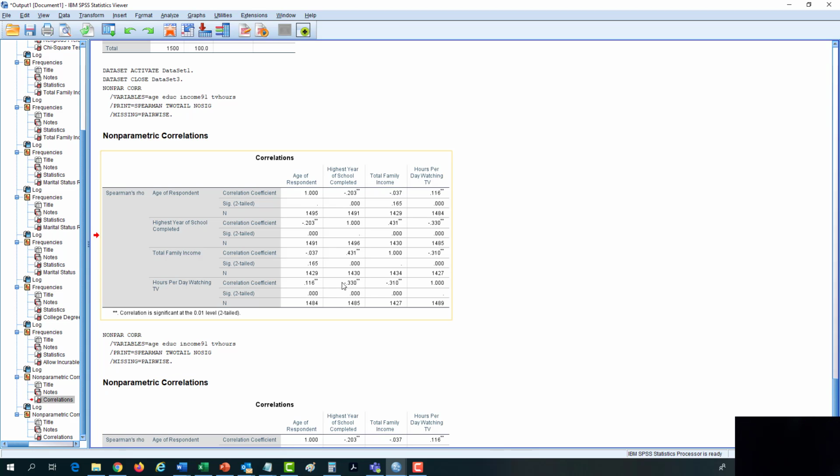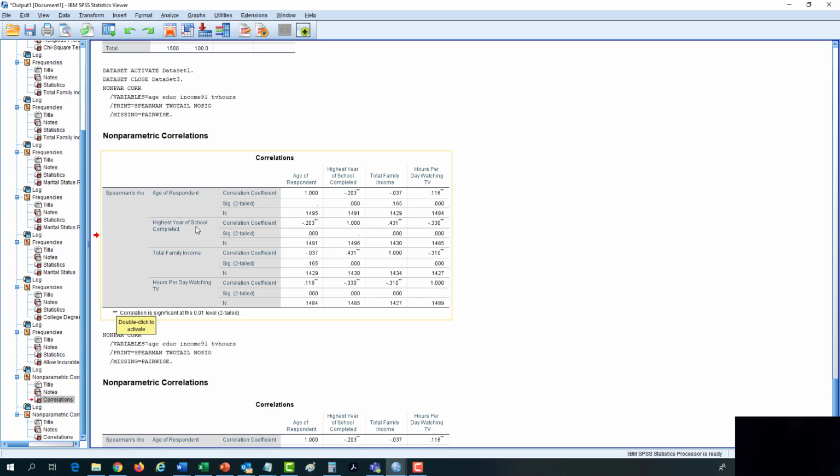That's what that negative sign means. And it's kind of a weak to moderate relationship, certainly enough to report. And the number right underneath it is 0.000. So here we have a negative relationship between these two variables, and it is a significant test.